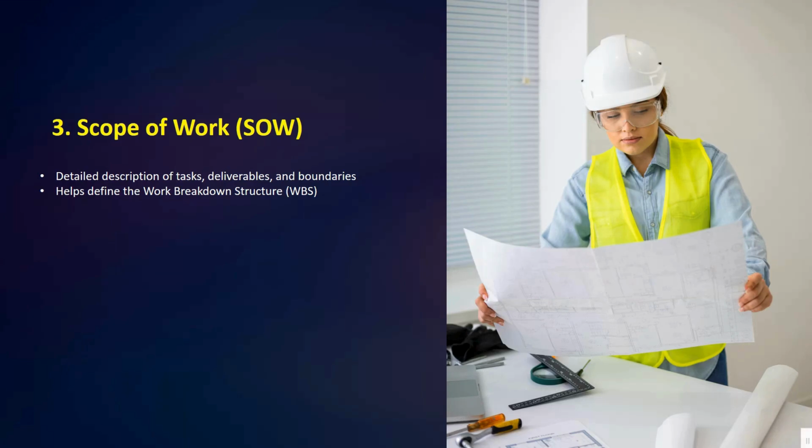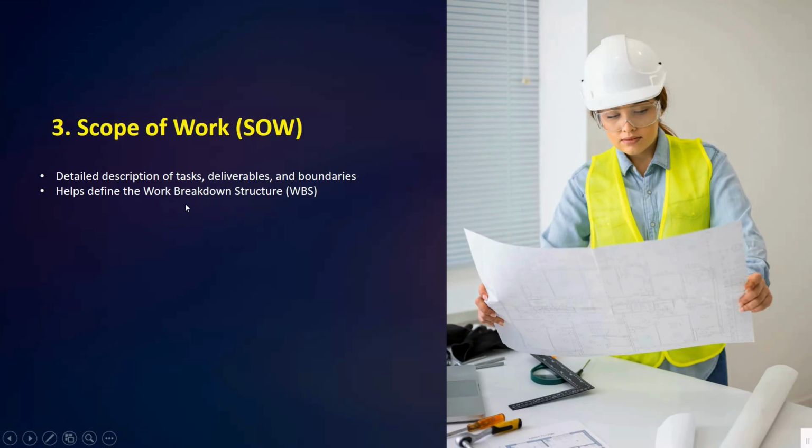So next, number three, we have the scope of work, often called the SOW. It is the detailed description of tasks, deliverables, and boundaries, and it also helps to define the work breakdown structure.